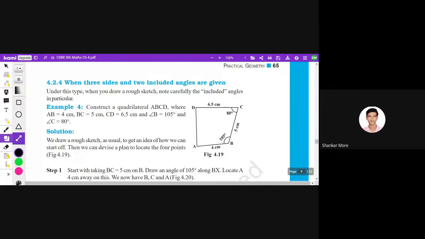AB draw करना है, BC draw करना है, CD और AD. AB draw करेंगे, okay, that will also do. That is also not incorrect. But if we draw BC equals to 5 centimeter, then it is going to be more convenient to us. Now let me explain how.